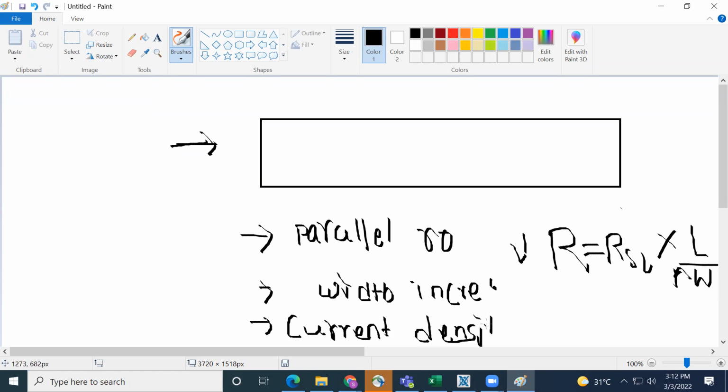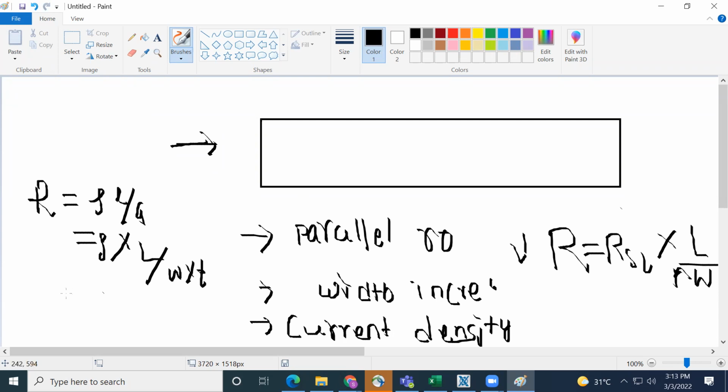Sir, what is that formula? R equal to, okay, first I'll derive. R is equal to rho L by A, where A is width into thickness.